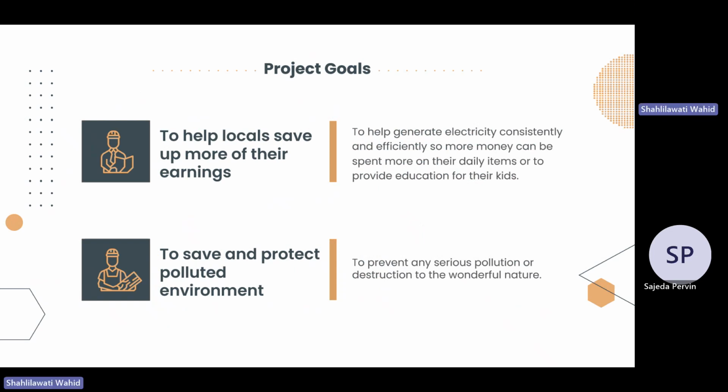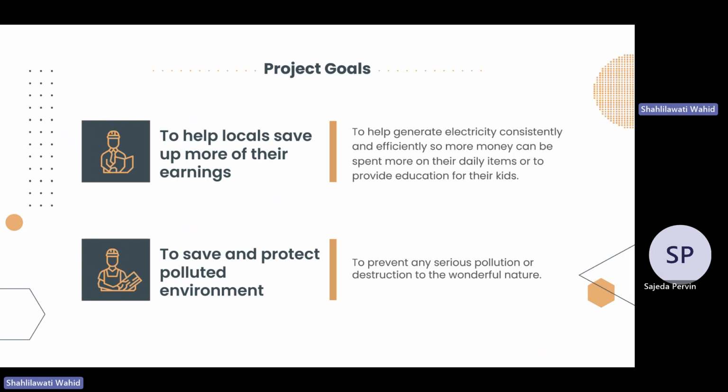Our project goals, as mentioned before, are two main goals: to help the locals earn more income so that they could spend money to provide education for their kids, because they currently lack the money to do so.